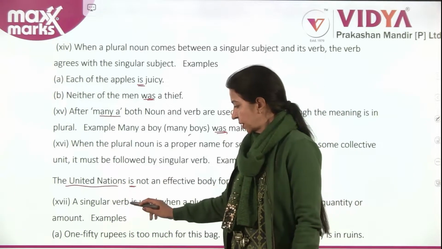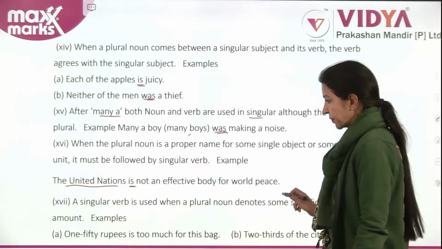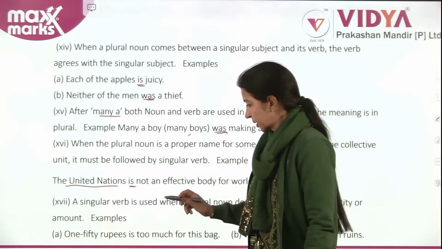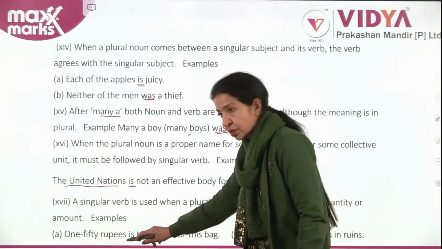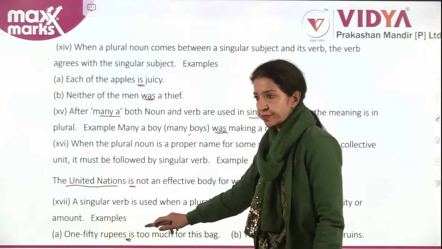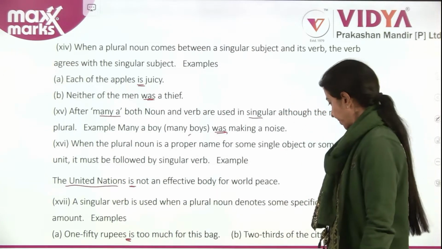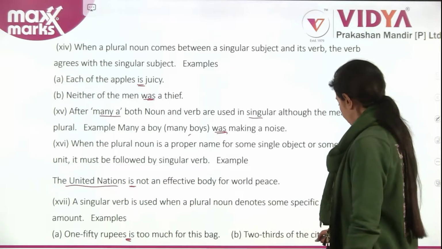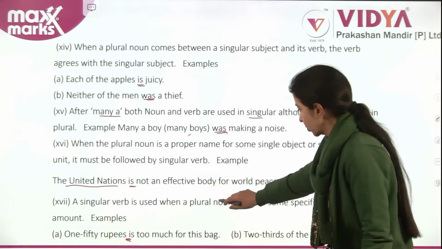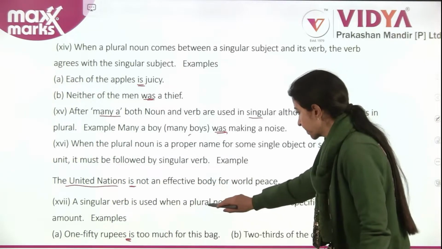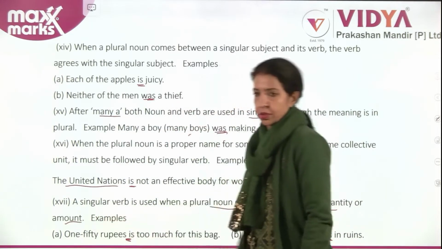Example: 150 rupees is too much. It's a singular one, is too much for this bag. 2/3 of the city is in ruins.